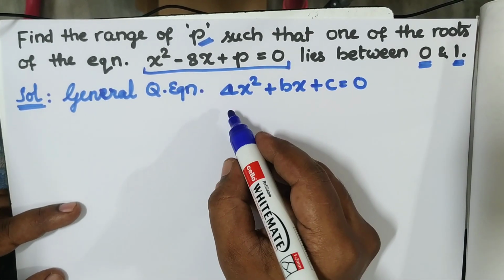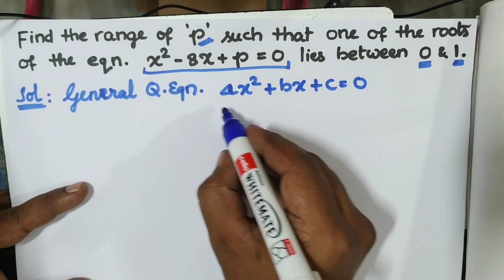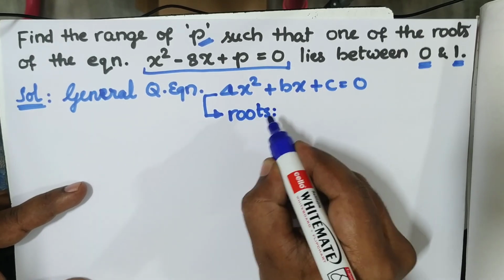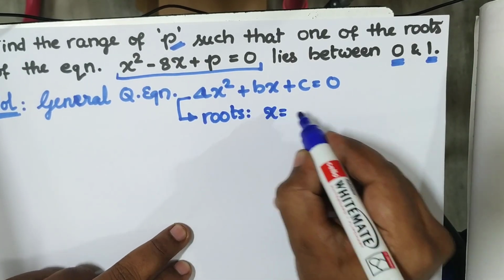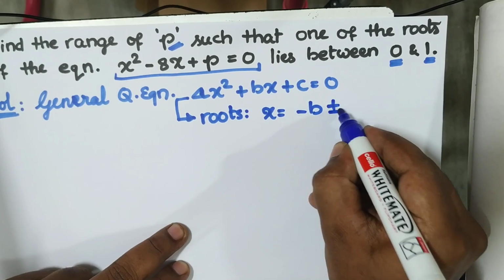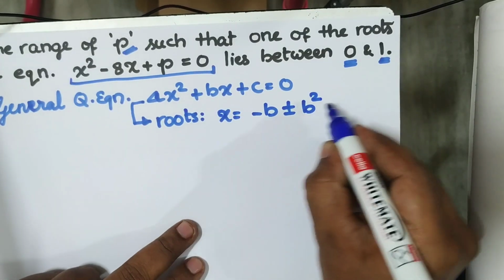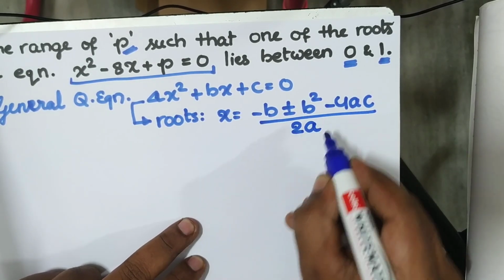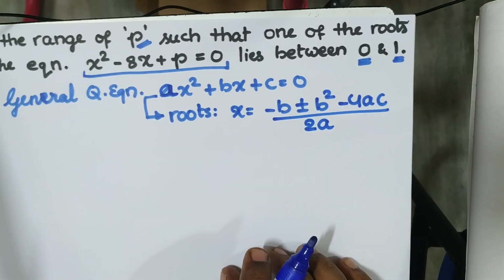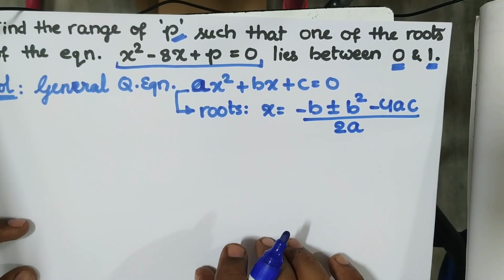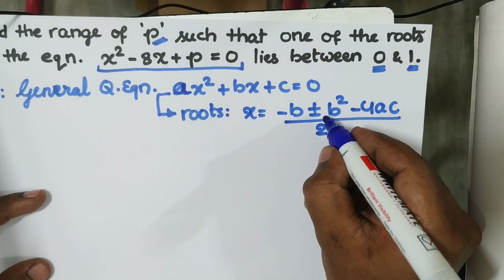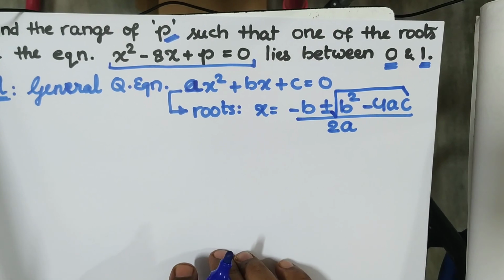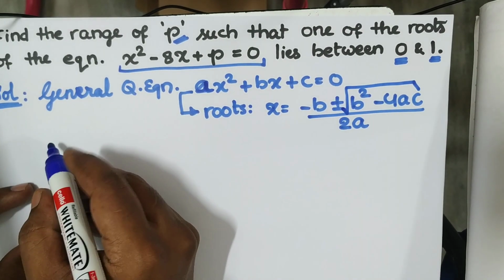If you compute this by completing the square form, then we can directly find the roots as x is equal to minus b plus or minus square root of b square minus 4ac, divided by 2a. This is the discriminant. On similar grounds, we have a quadratic equation.